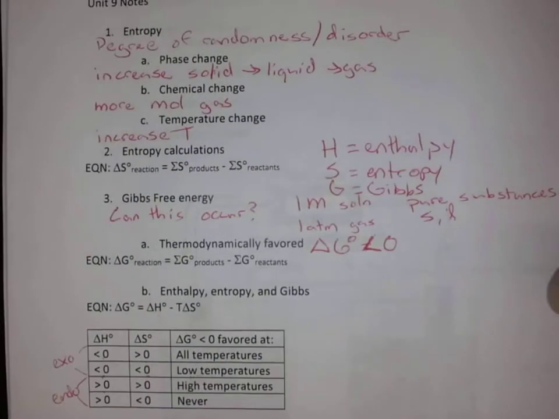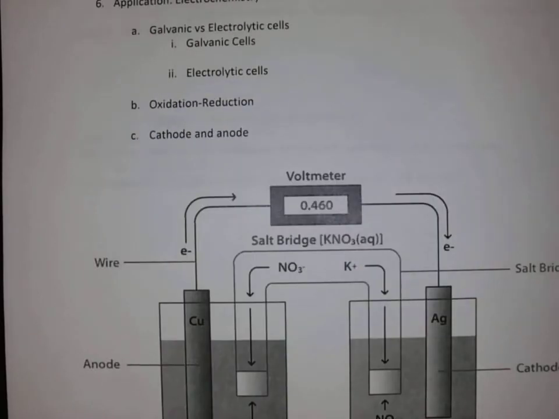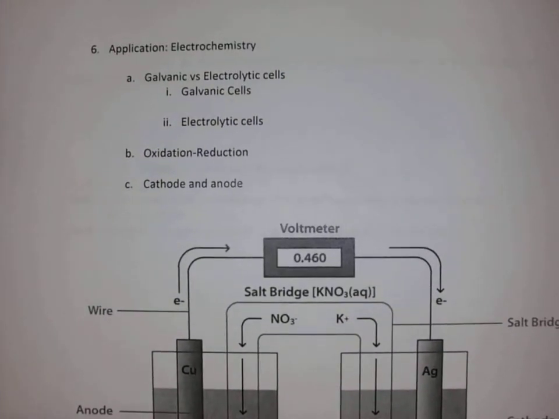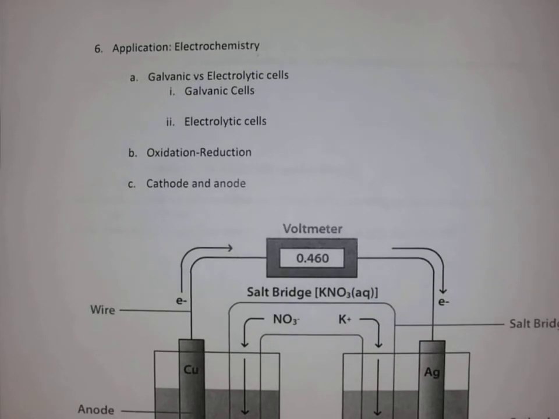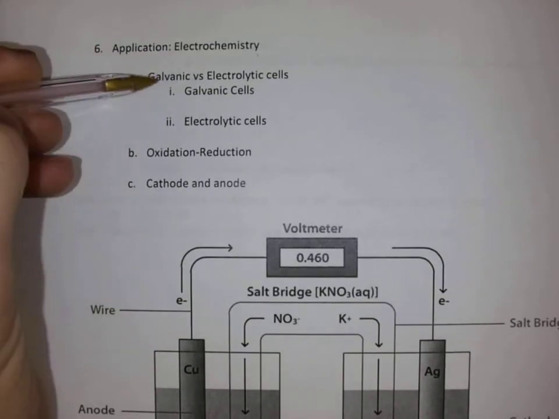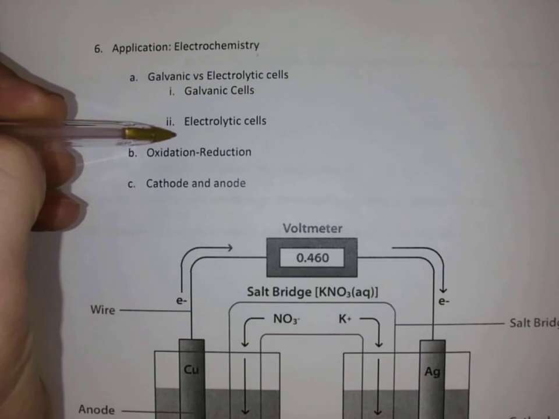So now we're going to start to talk about an application of these things. Our application is all about electrochemistry. We're going to remember some things from last year, but first we'll talk about two different types of electrochemical cells: galvanic cells and electrolytic cells.